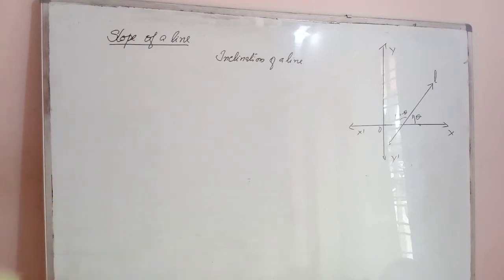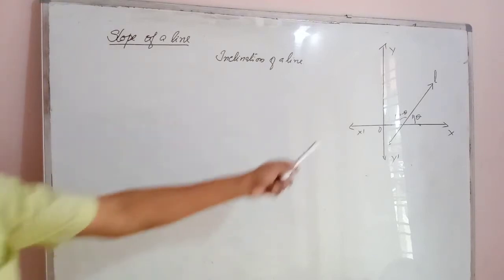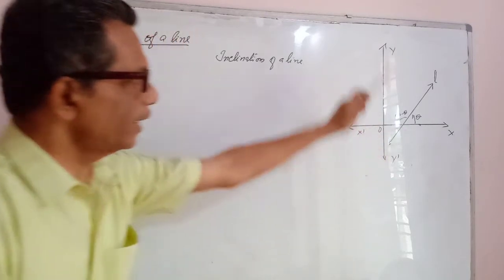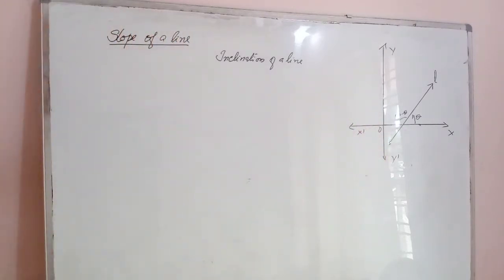So in this figure, theta is called the inclination of the line L. 180 minus theta is not the inclination.